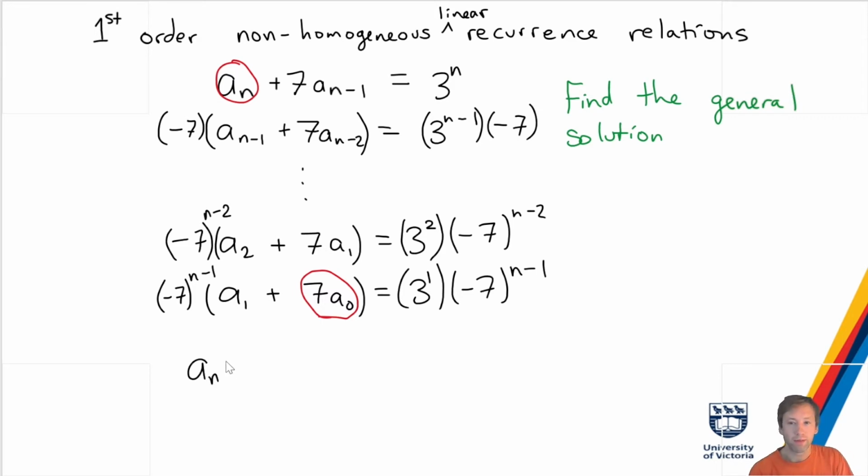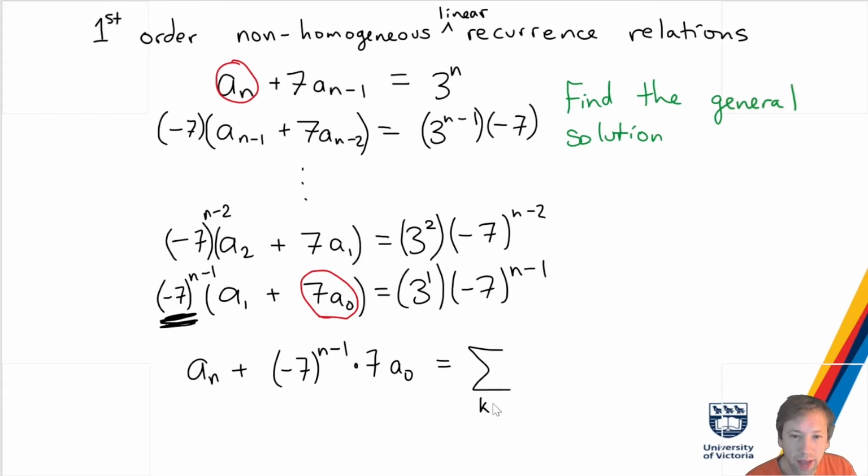You have to be careful about the a0. You have to remember I've got this factor in the front, but if you remember that, you see you've got negative 7 to the n minus 1 times 7 a0, and then on the right side I've got some complicated sum. If you think about it, what is this summing? Well, it's kind of like k equals 0 up to, let's say, n minus 1, 3 to the n minus k times 7 to the k.